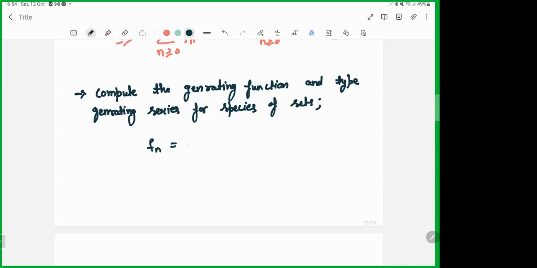So the generating series is the sum of 1 over n factorial, which is e to the x.